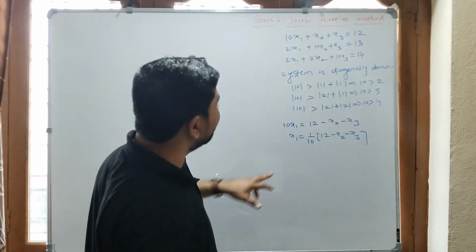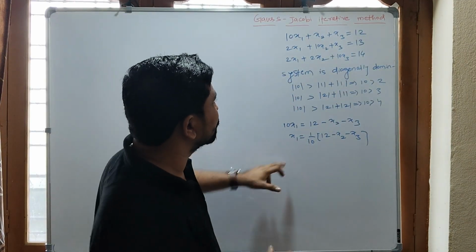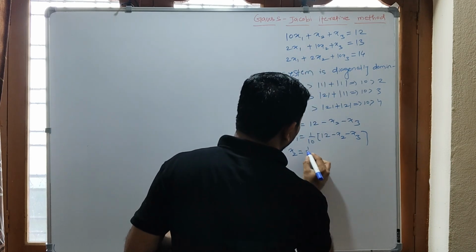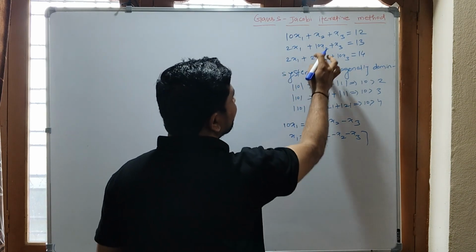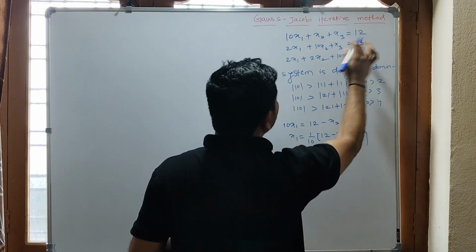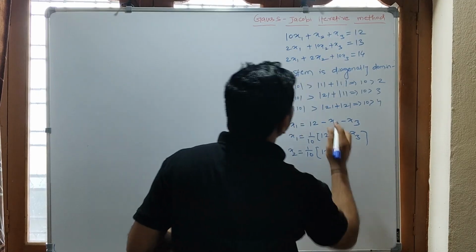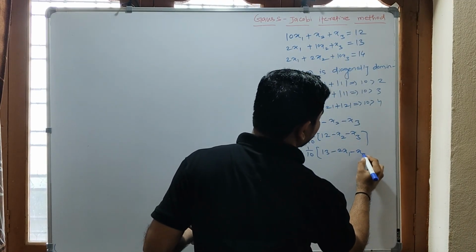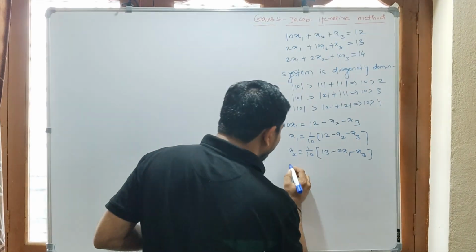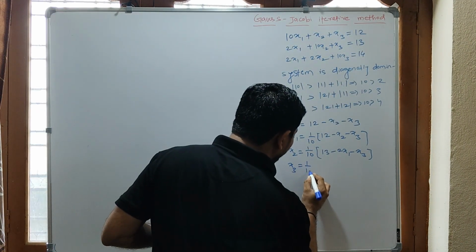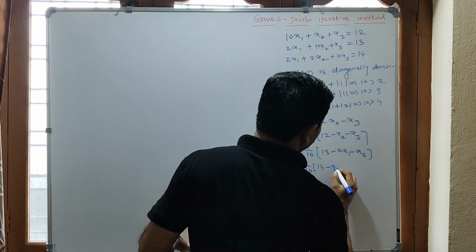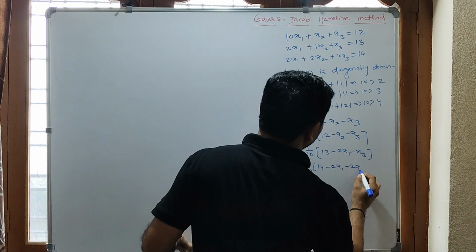In the same way, write equation 2 in terms of x2: x2 equals 1 by 10 times (13 minus 2x1 minus x3). Now write in terms of x3 corresponding to equation 3: x3 equals 1 by 10 times (14 minus 2x1 minus 2x2).